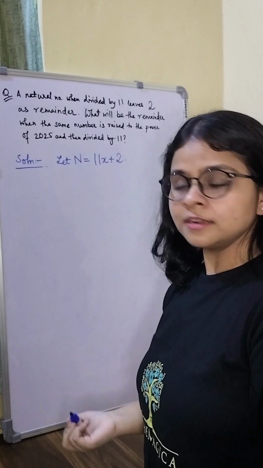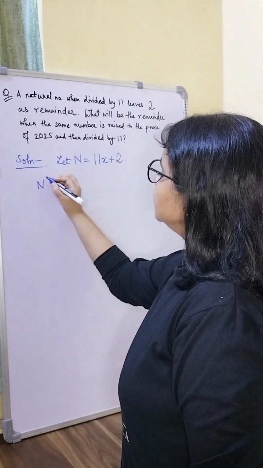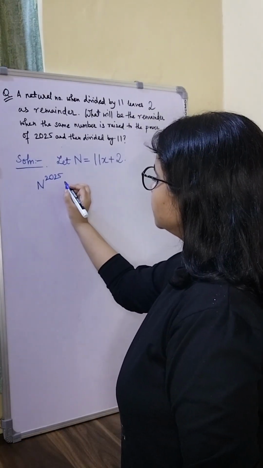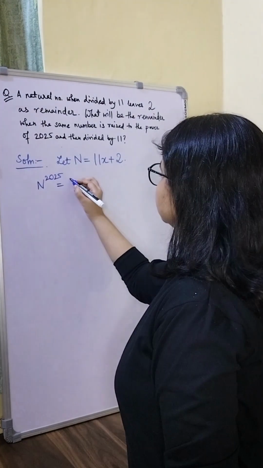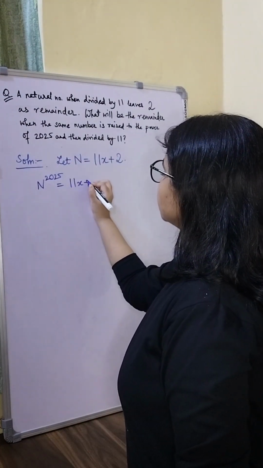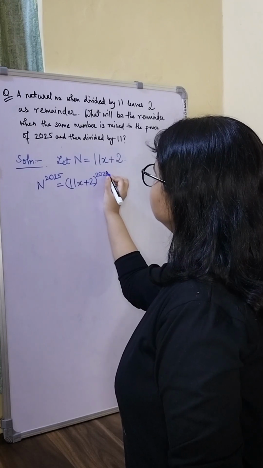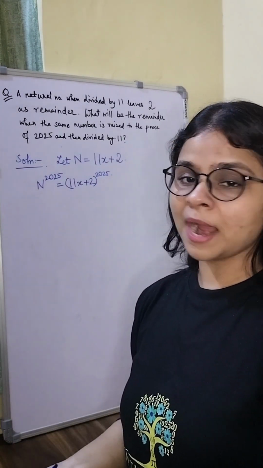Makes sense, right? Now, this number, capital N, is raised to the power of 2025. So, what will this be equal to? This is 11x plus 2 whole to the power of 2025, right? Now, let's revisit binomial expansion.